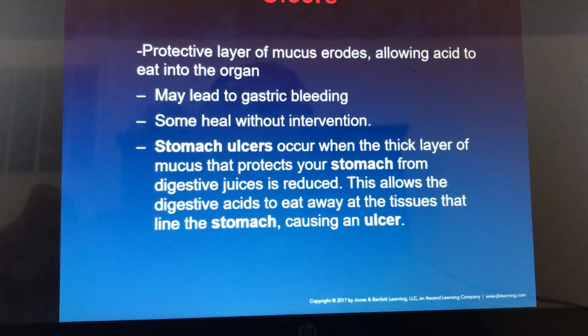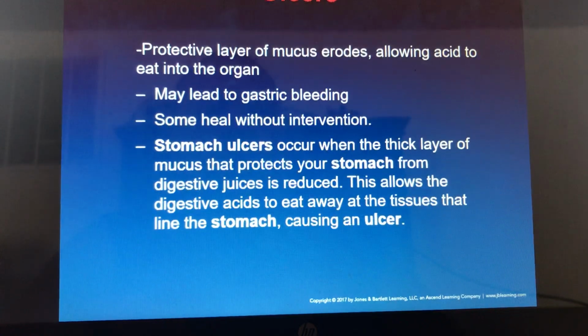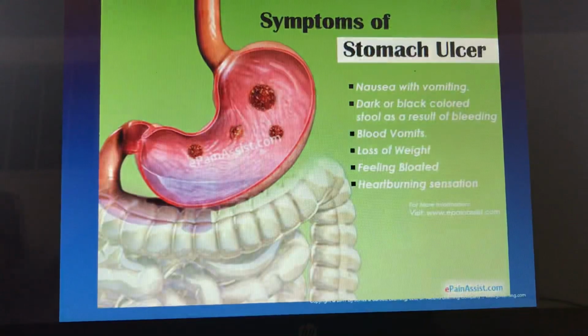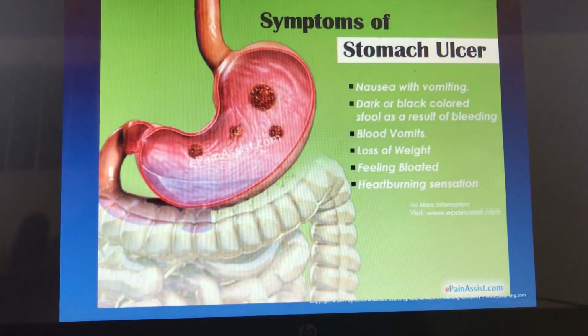So what happens is you get a hole in that, and the acid starts eating through the muscular wall of the stomach. Now, they can go away, they can heal on their own, but it can definitely cause bleeding, and depending how long or how severe or how significant it is, it could be an issue.